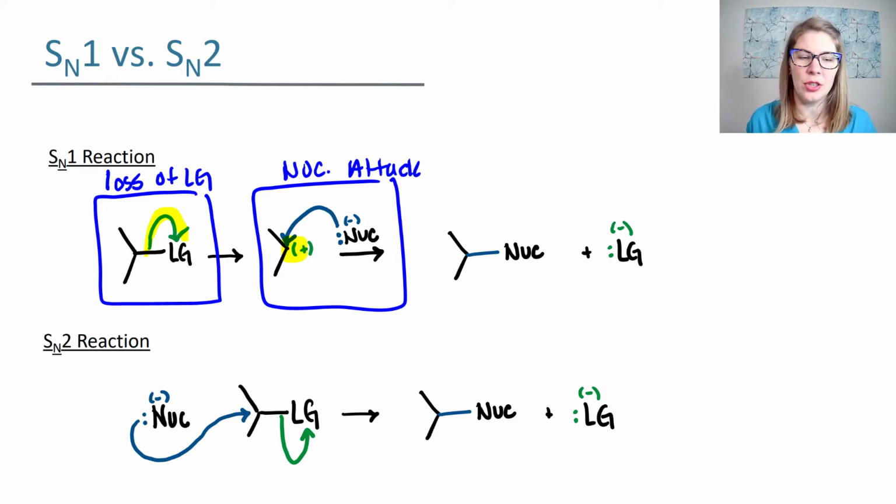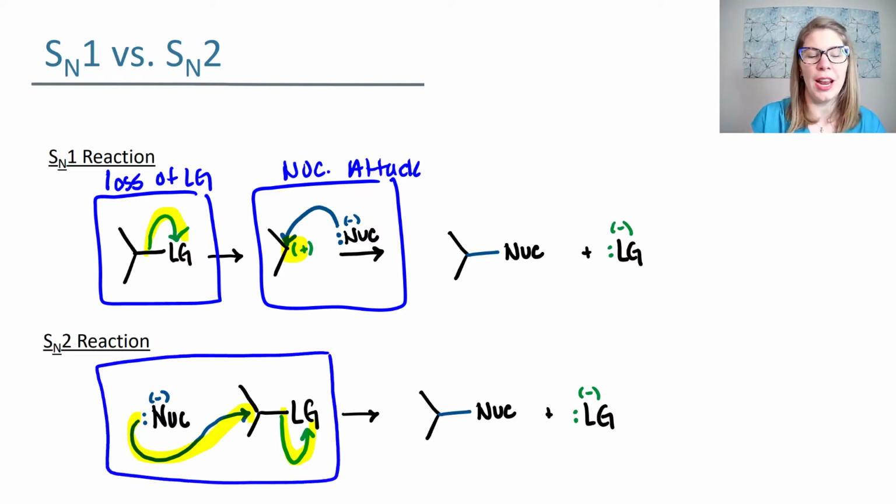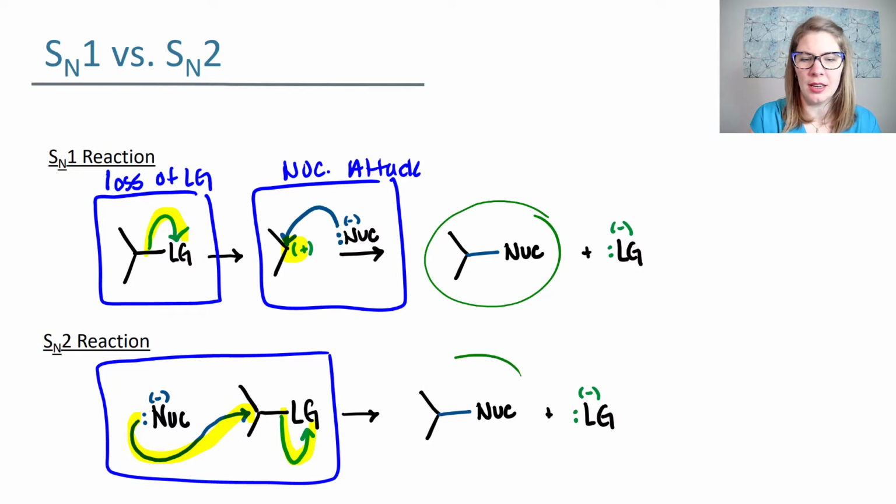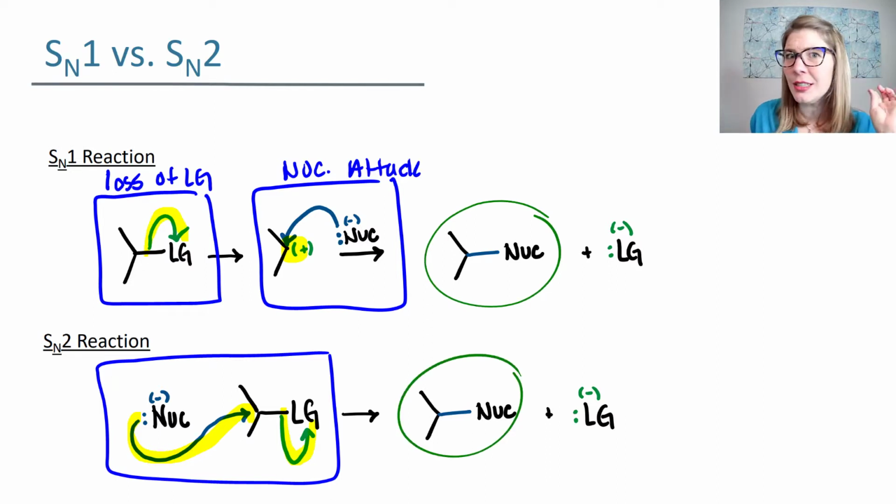Whereas for SN2, notice how we have the loss of leaving group happening as the nucleophile is attacking. So here, both of those are happening at the same time. We have a word for that, and it's called concerted, when all the bonds are breaking and forming at once. You might be looking at your products here and thinking, you have the same products.